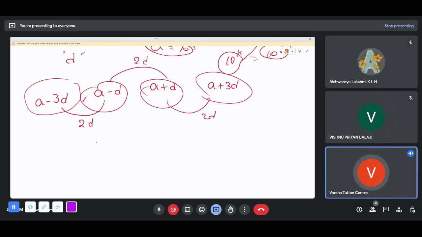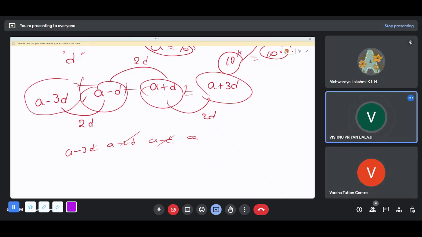Why can't we take A minus 3D, A minus 2D, A minus D, A? Here the D's will not get cancelled. My aim is to choose such that the D's get cancelled when I add them, and it will help me in the problem. That is the reason you remember this pair. Clear that now, Vishnu Priyan? Okay, sir. You tell me, is anything wrong if I take like this?